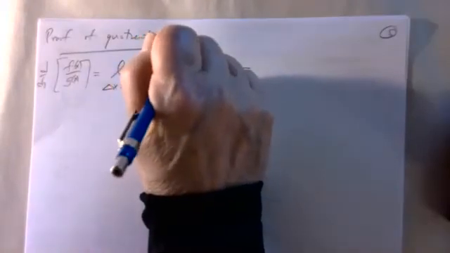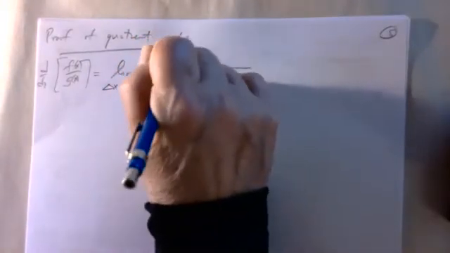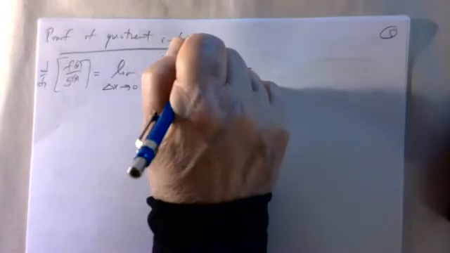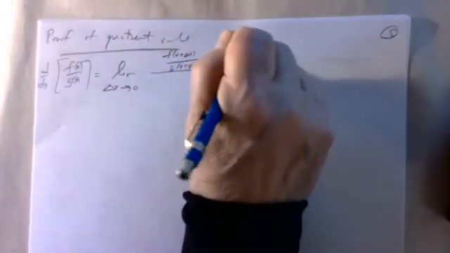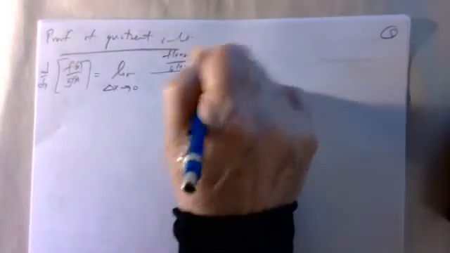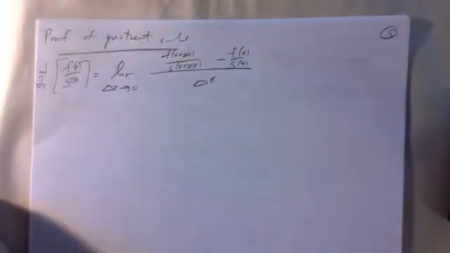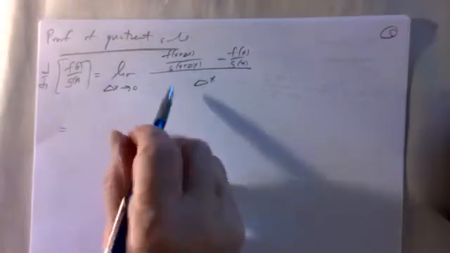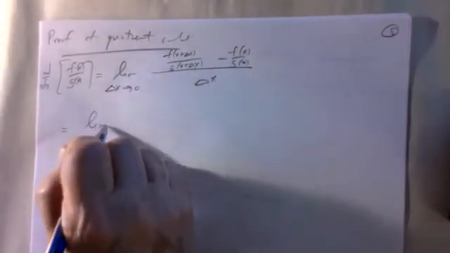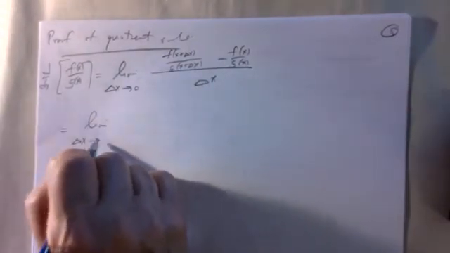It's the limit as delta x goes to 0 of f over g evaluated at x plus delta x minus f of x over g of x, divided by delta x. And these are just fractions. So you have to be able to deal with fractions, of course.